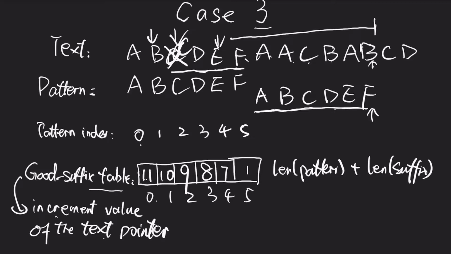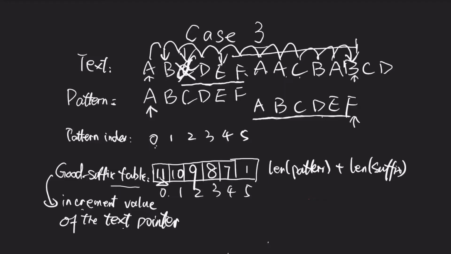Okay, let's verify. If the mismatch happens here, the index of the good-suffix table is 0, and the skip value is 1, 2, 3, 4, 5, 6, 7, 8, 9, 10, 11. Correct, that is 11. Okay, this is case 3.